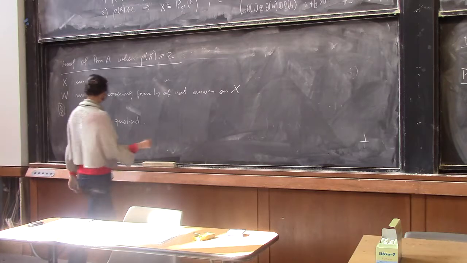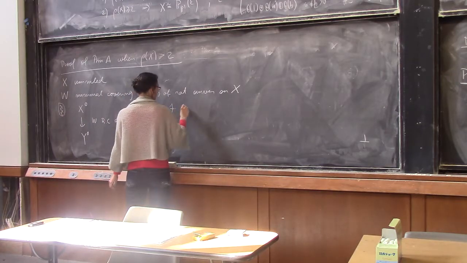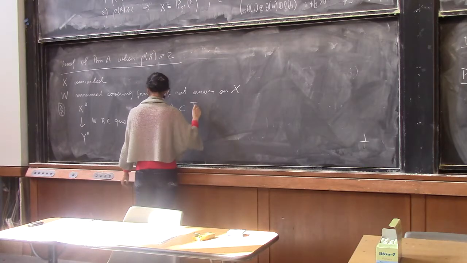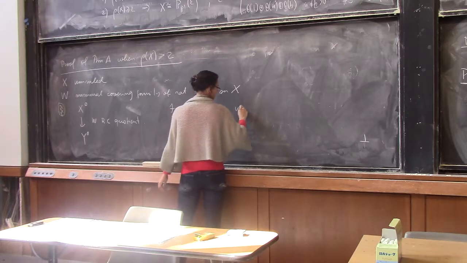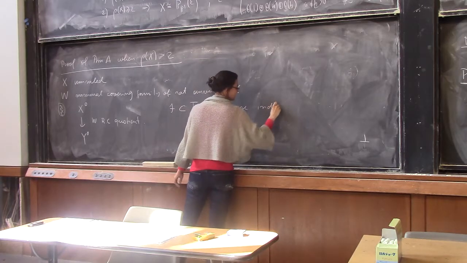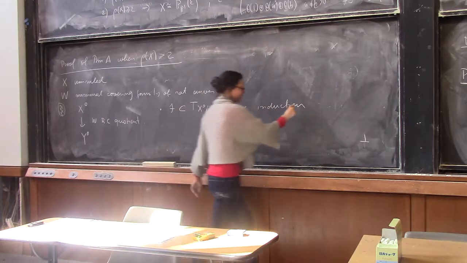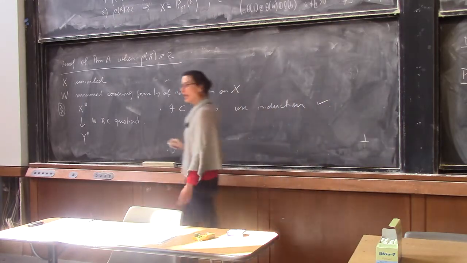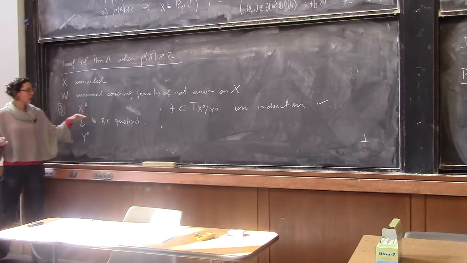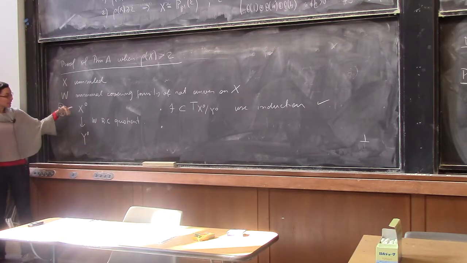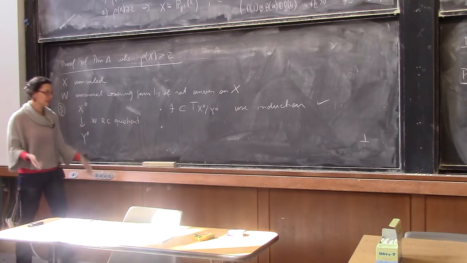So we see that if we compare F with this rationally connected quotient, if F is contained in the relative tangent, then okay, we use induction. So from here it's not difficult to conclude. Now if not, then we will intersect F with the relative tangent, and then we will try to understand this subfoliation.